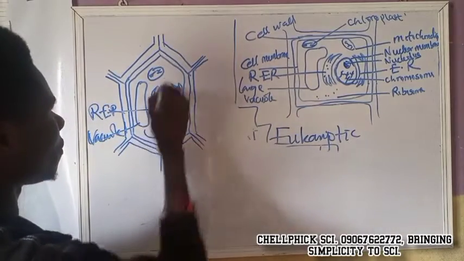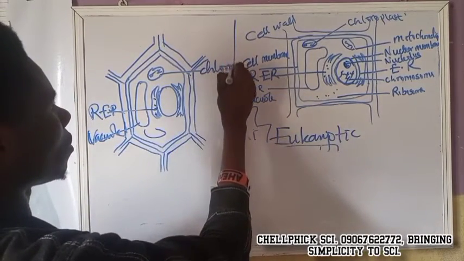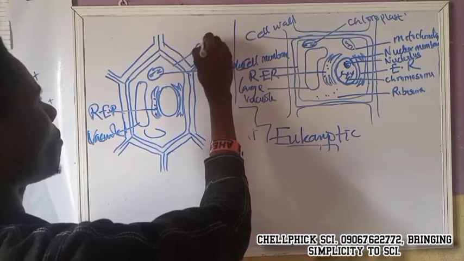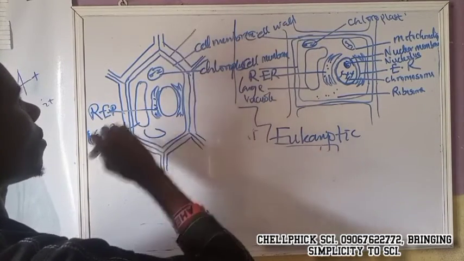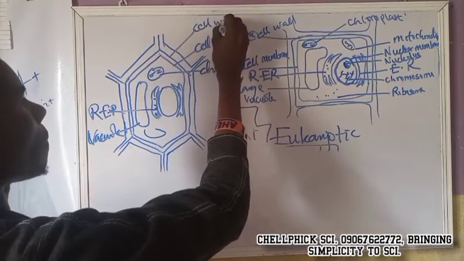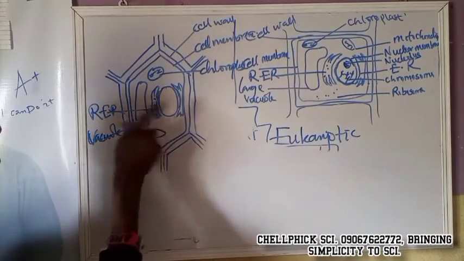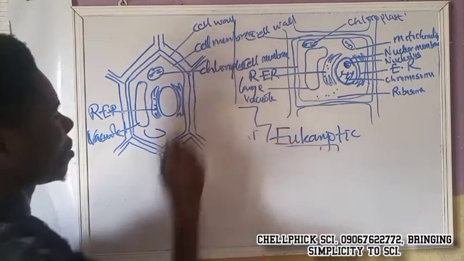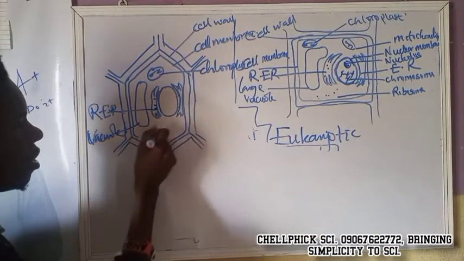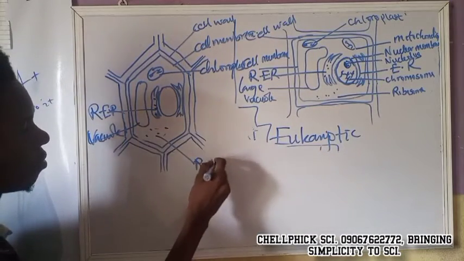So we have the chloroplast, we have the cell membrane, we have the cell wall. What we can see that I did: rough endoplasmic reticulum, the vacuole, the chloroplast, the cell membrane, the cell wall. So I can draw this, this is ribosome.